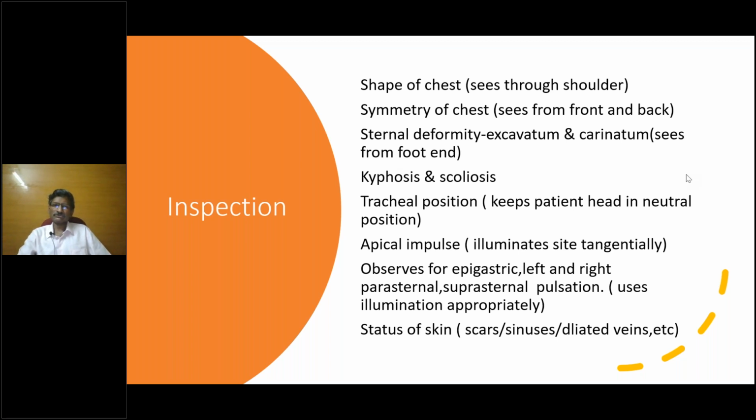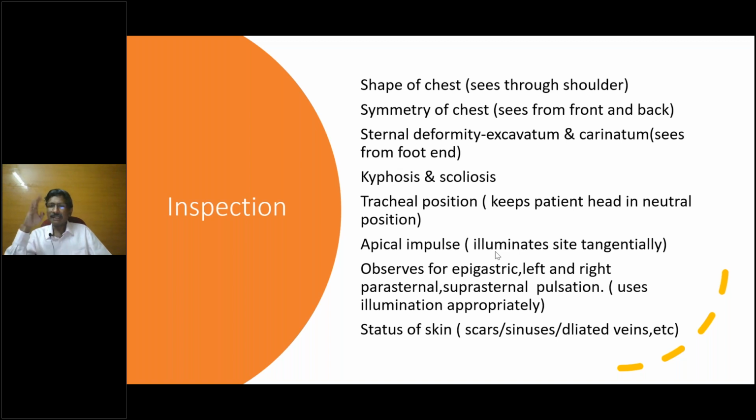So the apical impulse will be hyperdynamic. That is the first thing you should tell, because of large dilatation of the left ventricle. The apical impulse will be seen in more than one intercostal space, something like how it is seen in the video, but more displaced than what you saw in the video. So a hyperdynamic apex, displaced down and out.